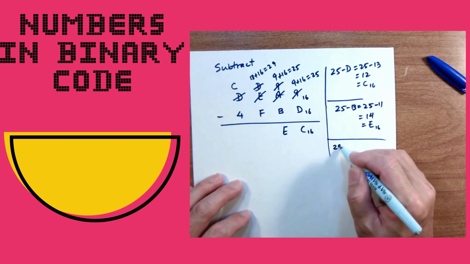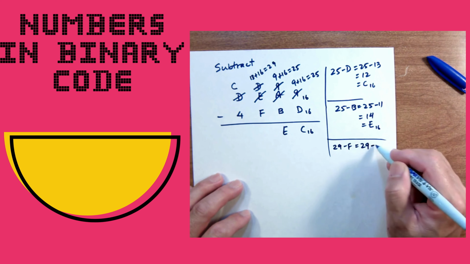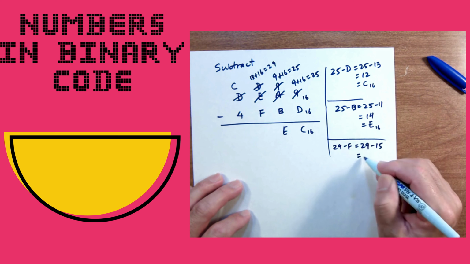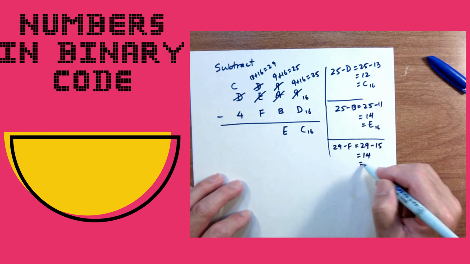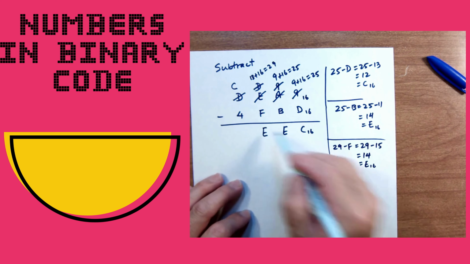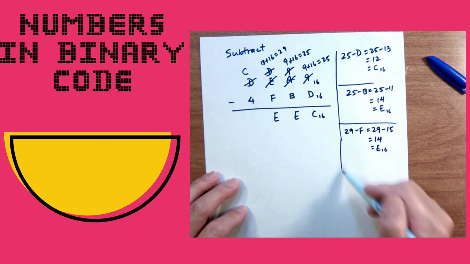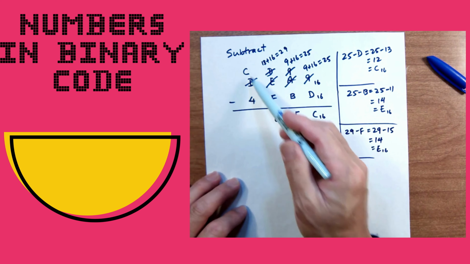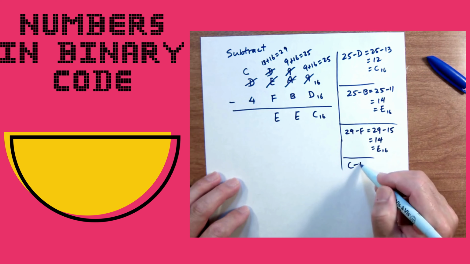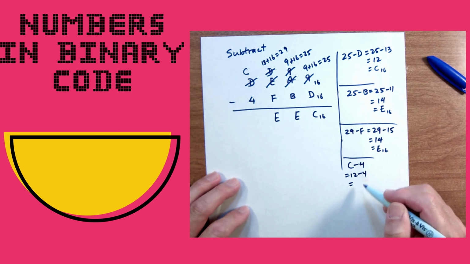Last column, C minus 4, C is 12. 12 minus 4 is equals to 8.